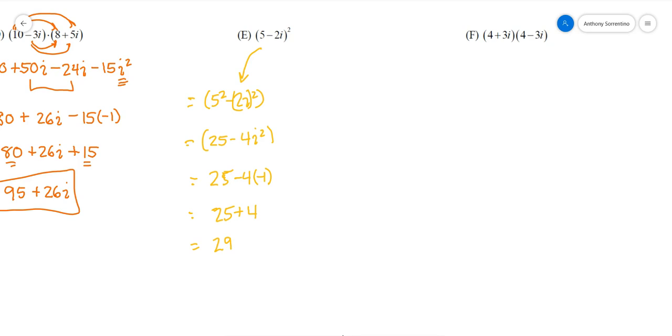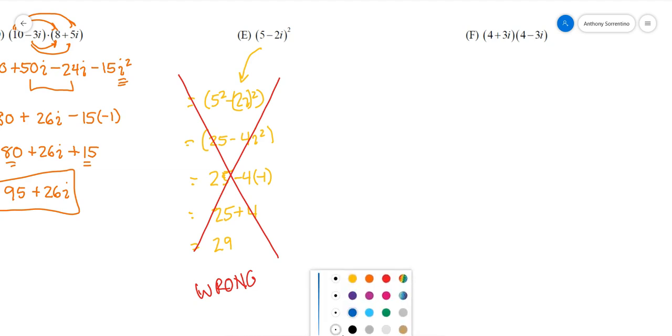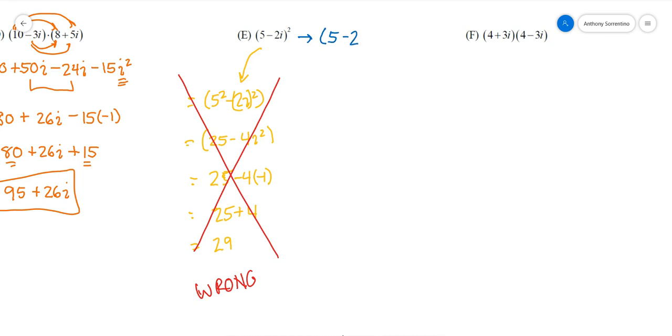So to handle this correctly, because again, this is wrong, I'm going to have to think of this as being 5 minus 2i times 5 minus 2i. Now I showed it in different steps before over there, but essentially I'm foiling this.